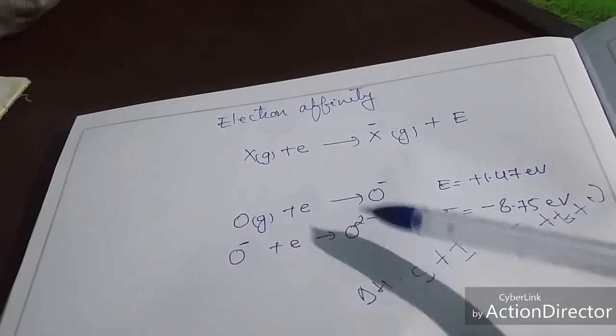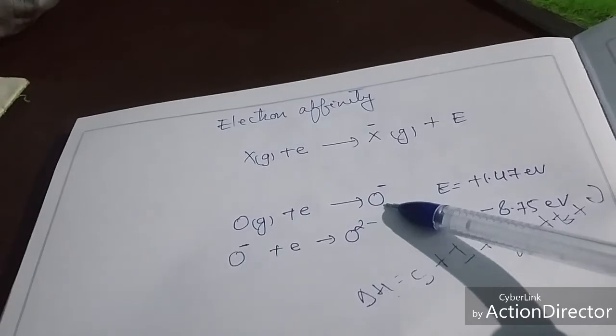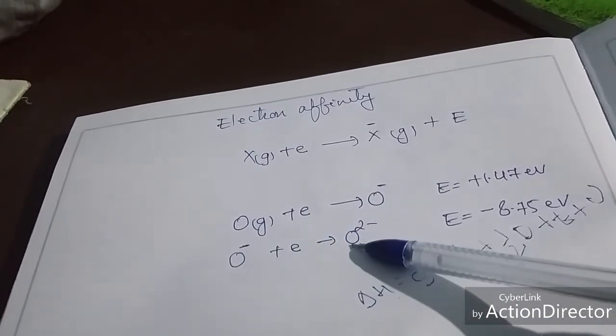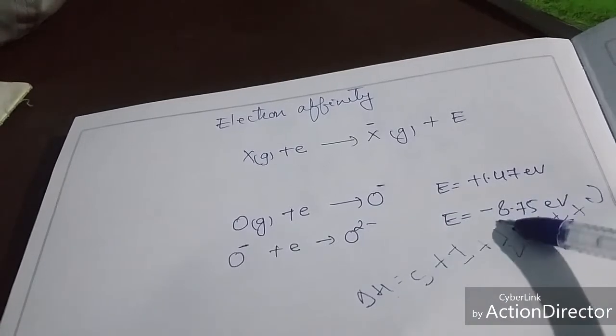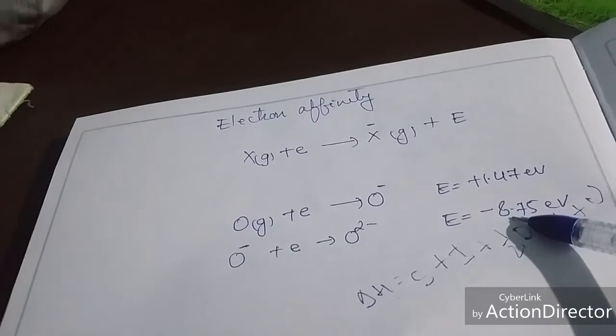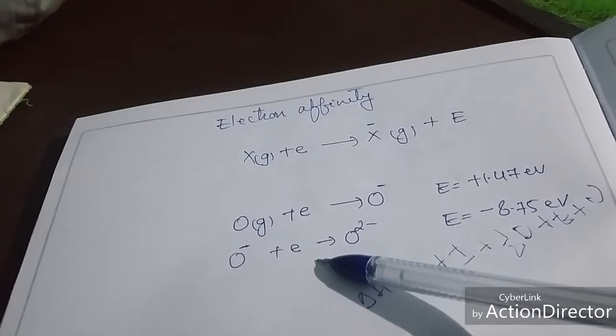And just like ionization energy, there will be a first, second, third electron affinity, and so on. So you can see here, when oxygen accepts an electron, it gives you an ion, and when this ion accepts an electron, then you are getting oxide. Now the second electron affinity will be negative, since there is repulsion between the negatively charged ion and the incoming electron.